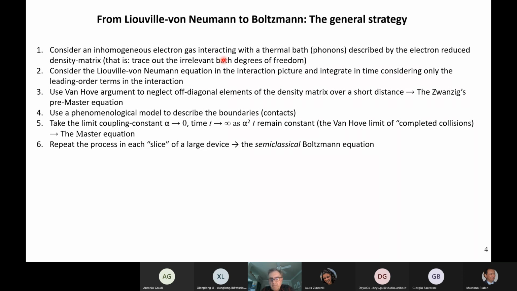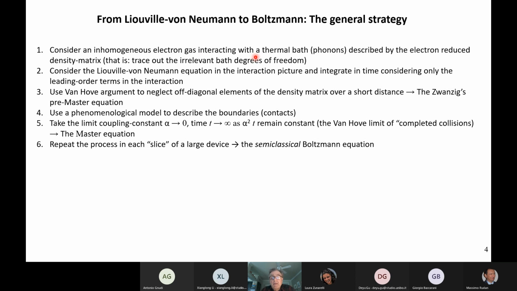We look at how the system approaches equilibrium by starting from the equation of motion for the density matrix, which is the Liouville-von Neumann equation. We will proceed integrating it formally for the first step, stopping at the leading order in terms of the interactions of the electrons with the external bath.